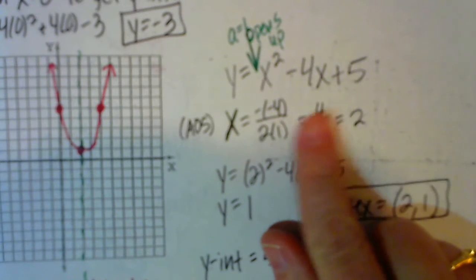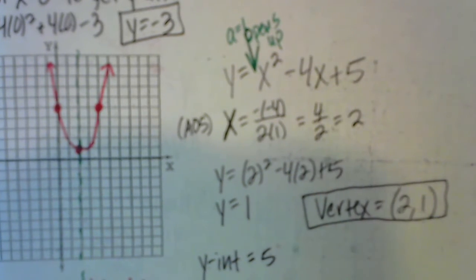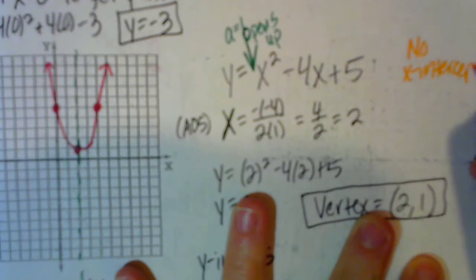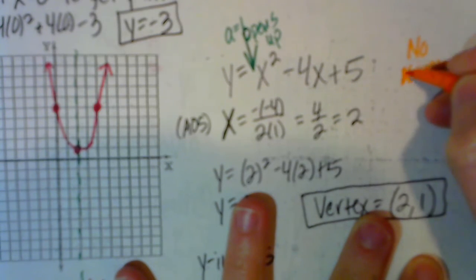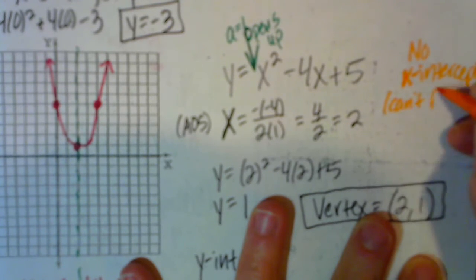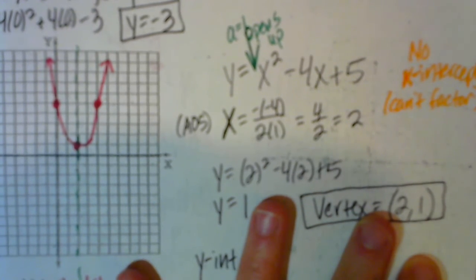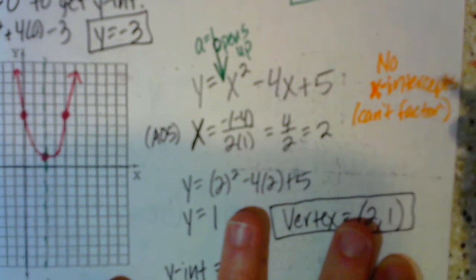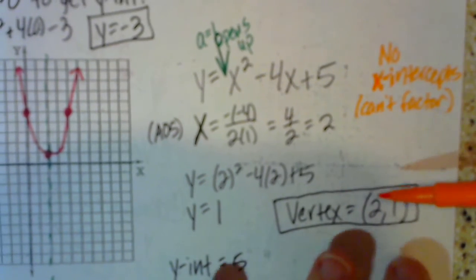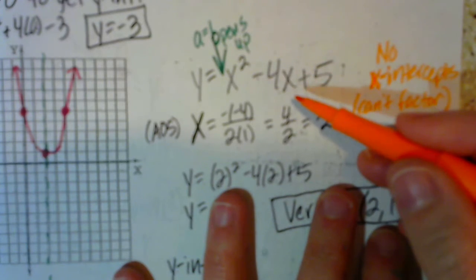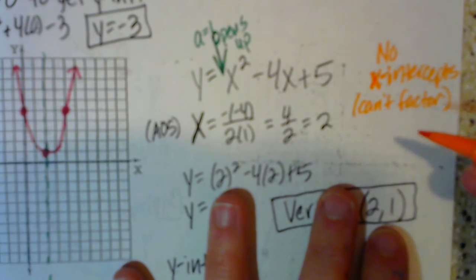So I know that I'm not going to have any x-intercepts here. You can't factor this. And if you put it in the quadratic formula, it would give you a negative under the square root, which means not real solutions.